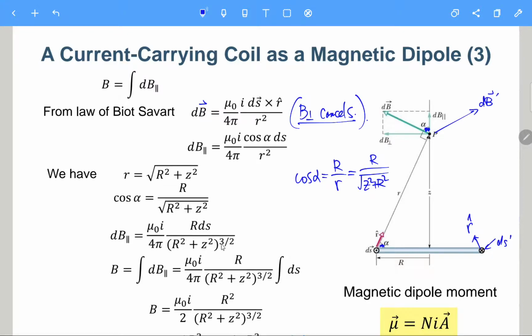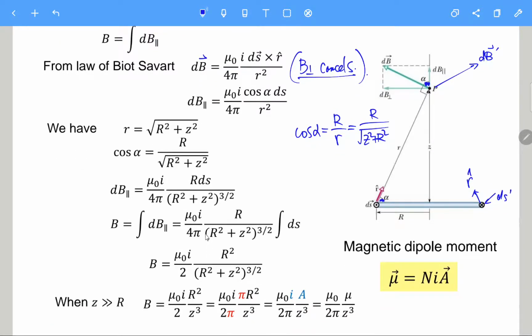So we totally have a capital R squared plus z squared to the 3 over 2 power.